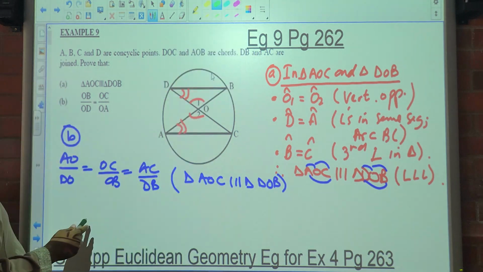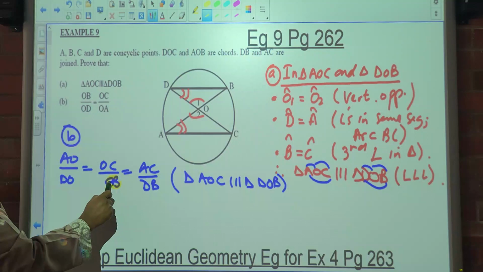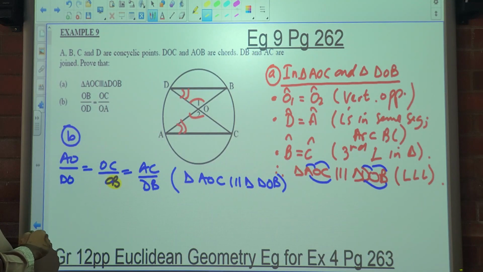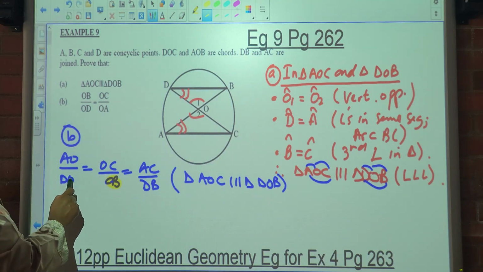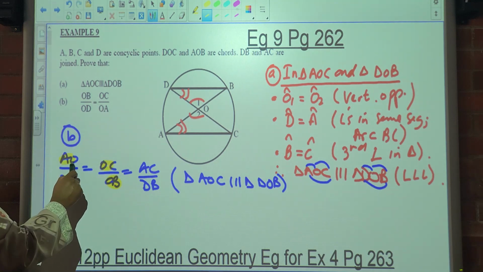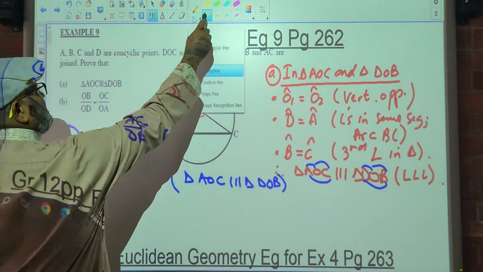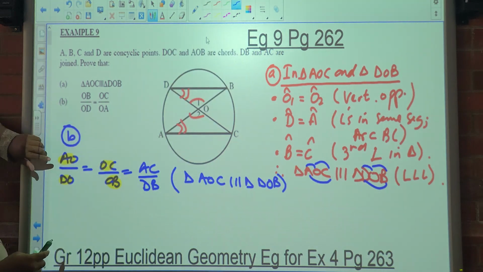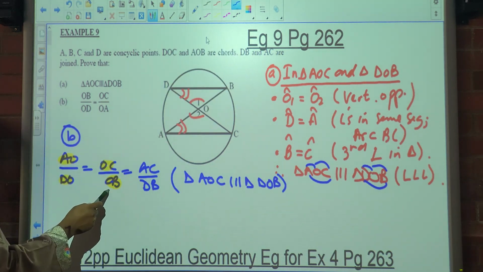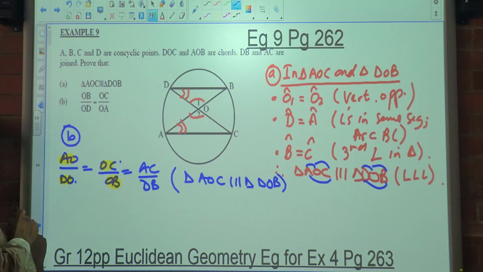What do they want? They want OB, OD, OC, OA. Can you see that, people? But is it in the right order they want it? They have OA at the bottom with OC on top. So OC and OD are in the right place.